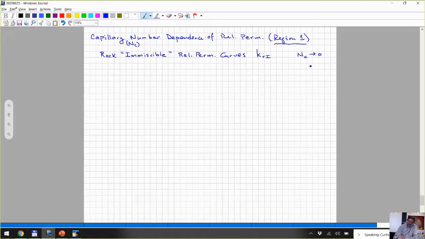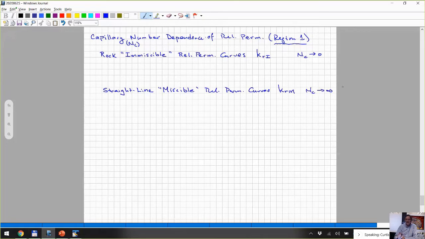And then on the other extreme, we have what we call straight line, or sometimes miscible, rel perm curves, KRM, and this would correspond to an infinite capillary number.